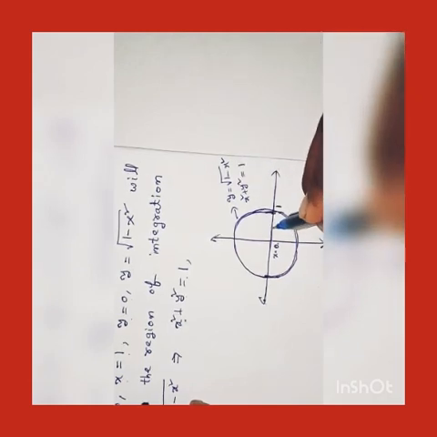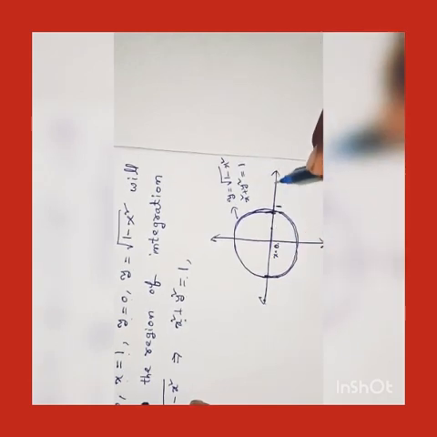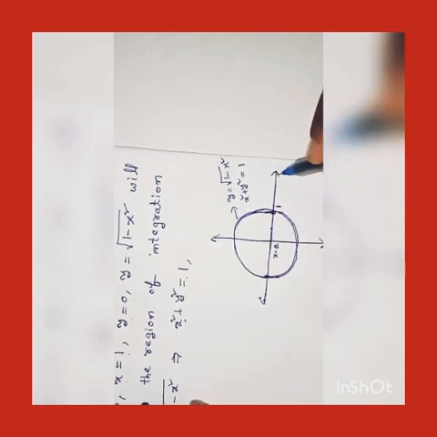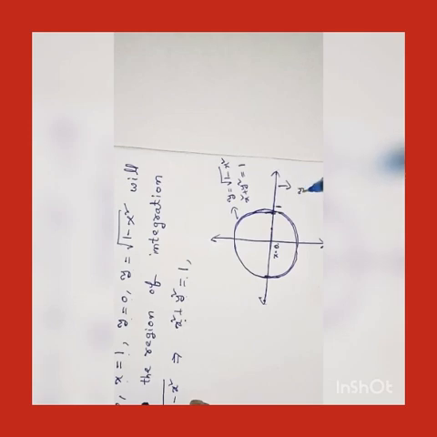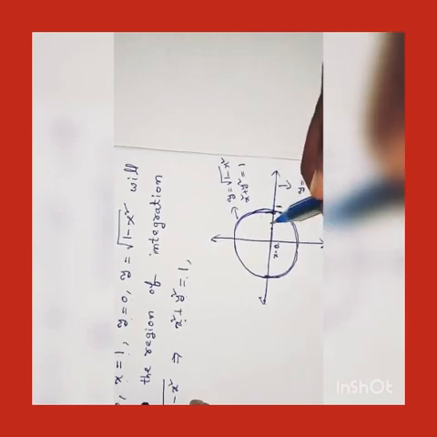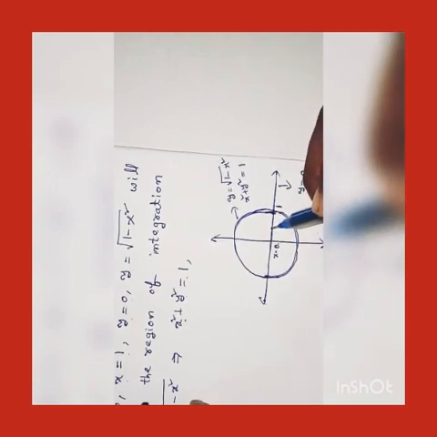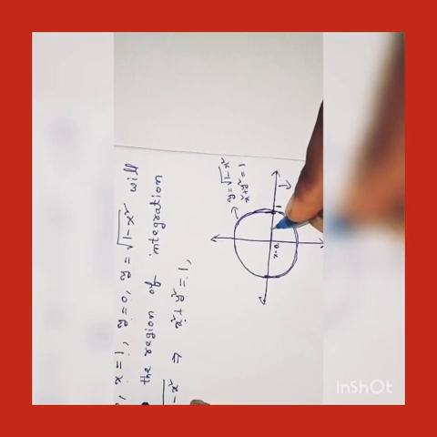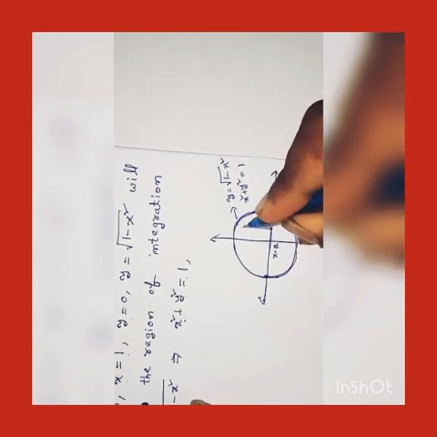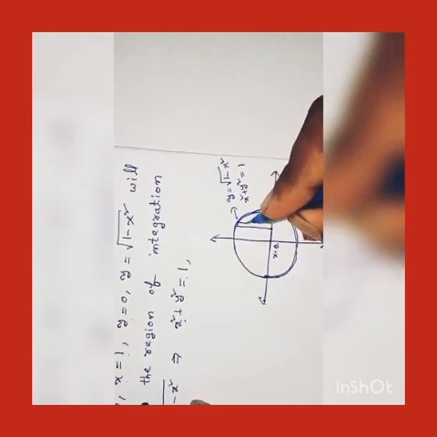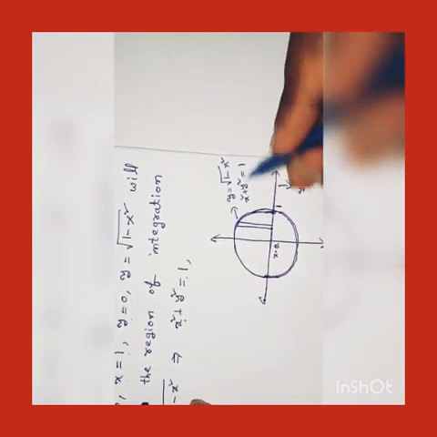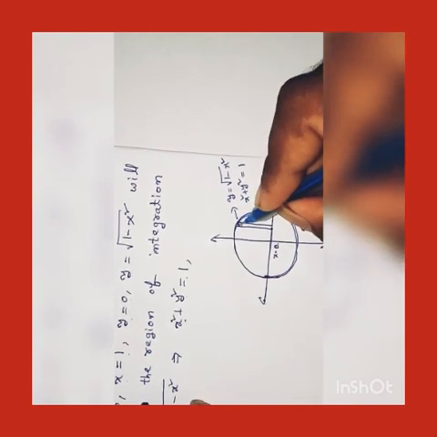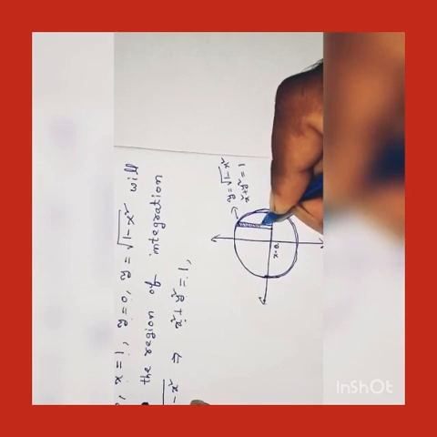This is y is equal to 0, the x axis. Therefore, for a fixed value of x, y is moving from y is equal to 0 to this circle, that is y is equal to root of 1 minus x square. Therefore the strip is vertical.